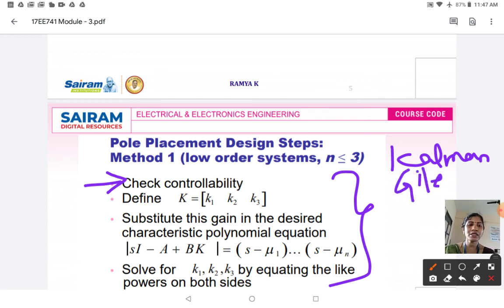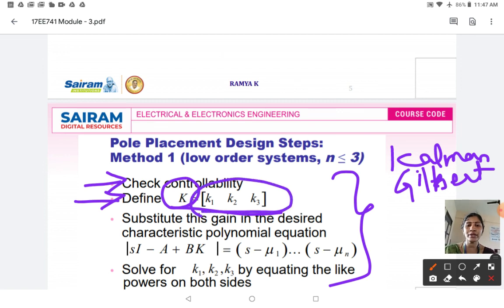In Kalman's test, you need to identify your controllability matrix and find the determinant value. If the determinant value is not equal to 0, then the rank of the matrix is going to be 3. If the determinant value is 0, then the system is not completely controllable. The state feedback gain is represented with a letter K, and the gain is represented in the matrix as shown here.